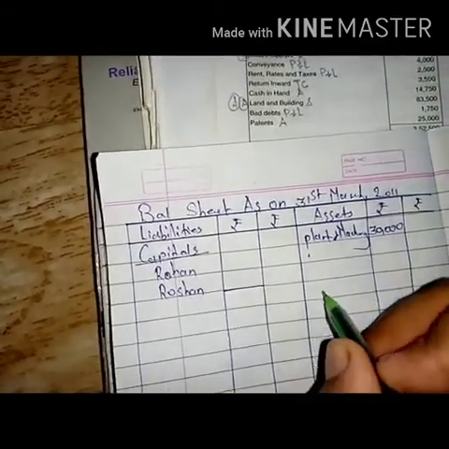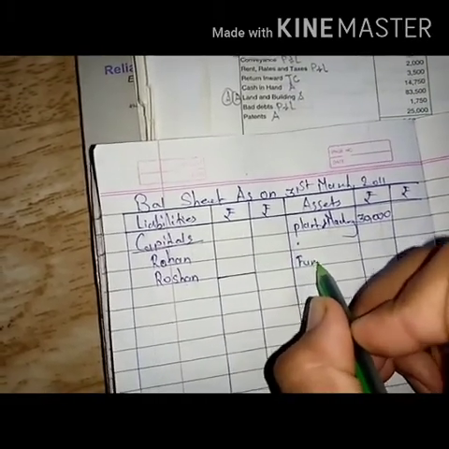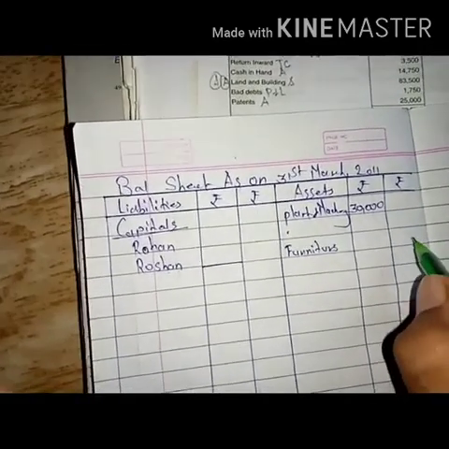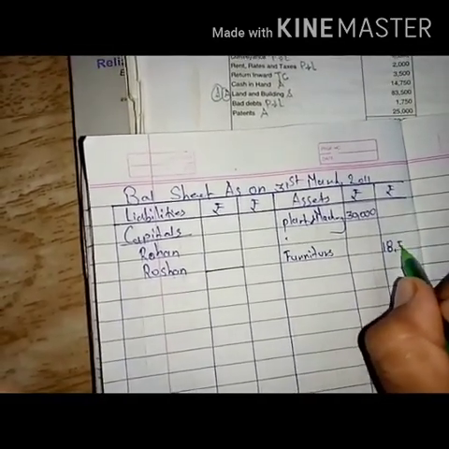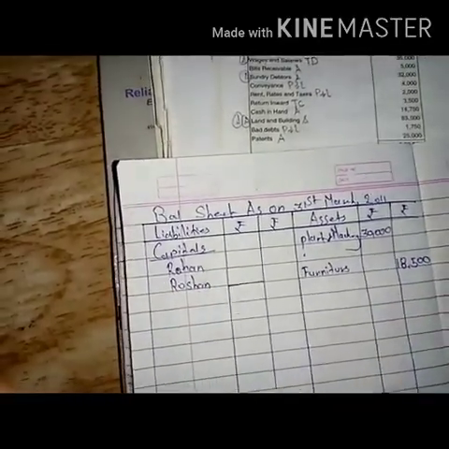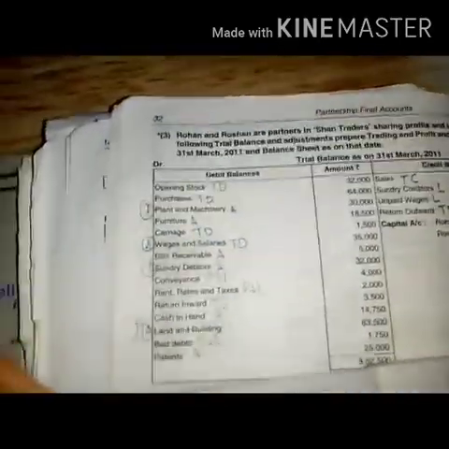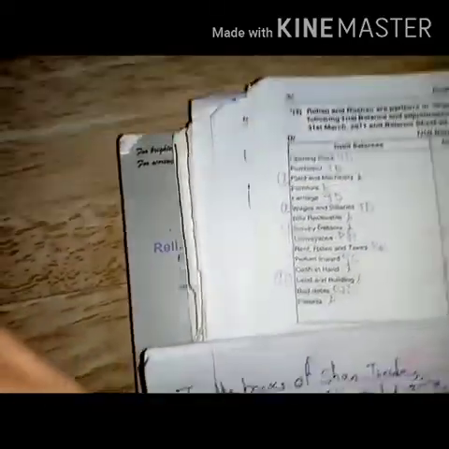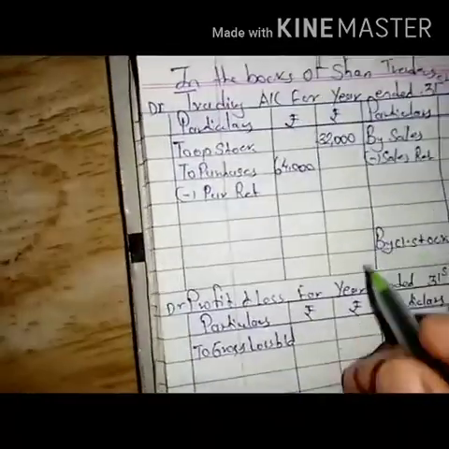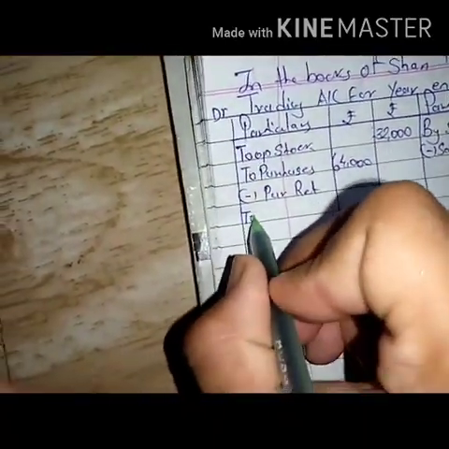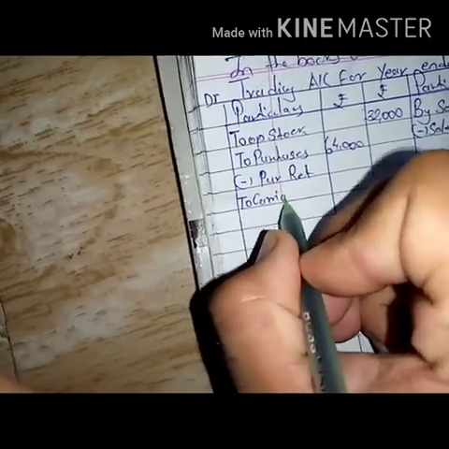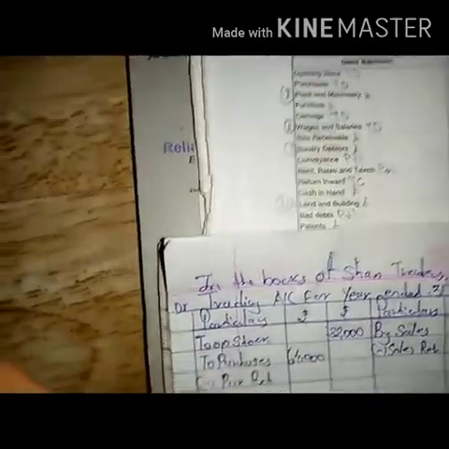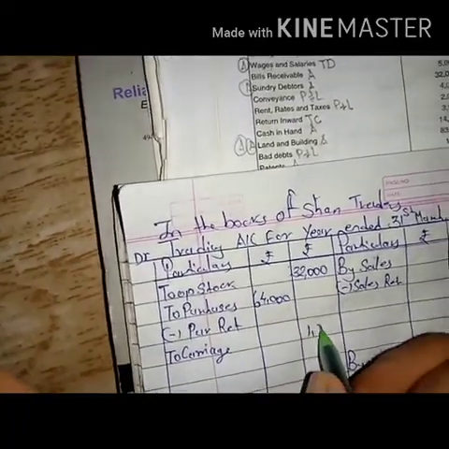Then furniture. Furniture doesn't have any adjustment. 18,500. Then carriage. Carriage we had marked as trading account debit side. Carriage doesn't have any adjustment either. 1,500.